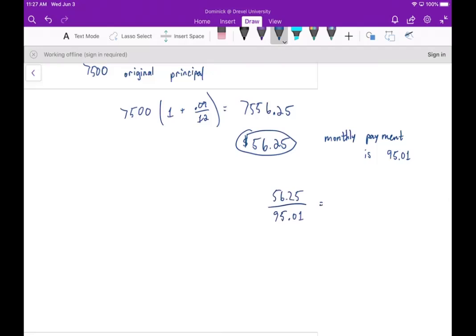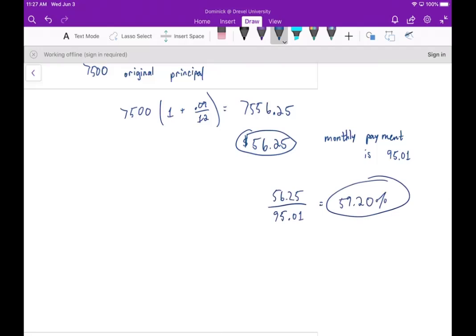And if you find this as a percentage, if we do 56.25 divided by 95.01 and multiply that by 100, we get that this is 59.20%. So over half of your payment is going towards interest in the first month, right?